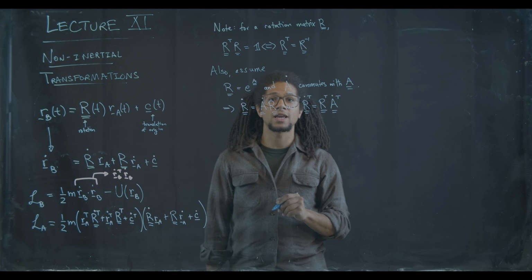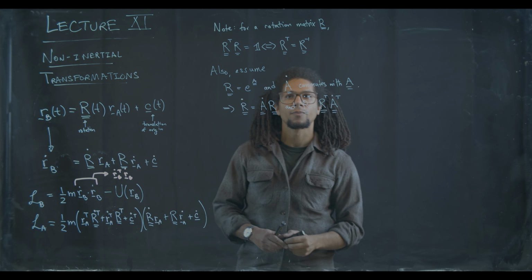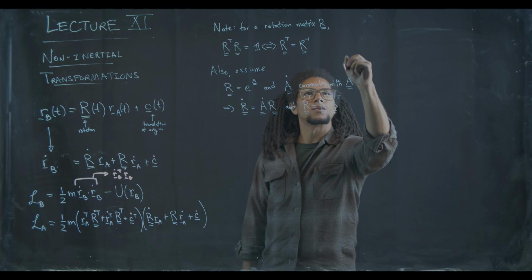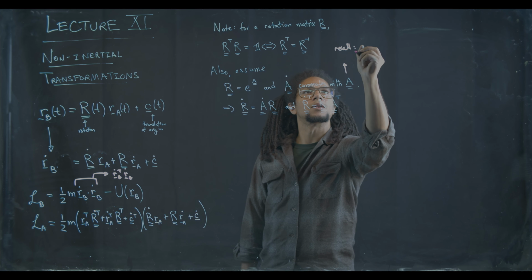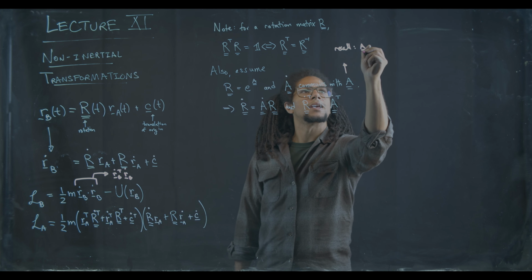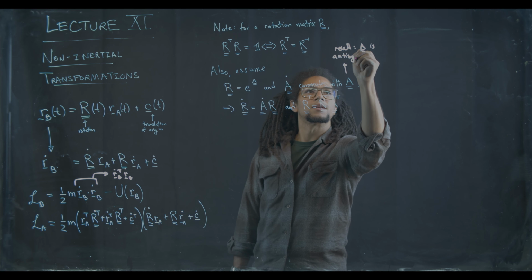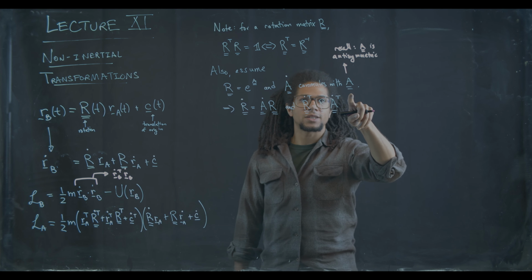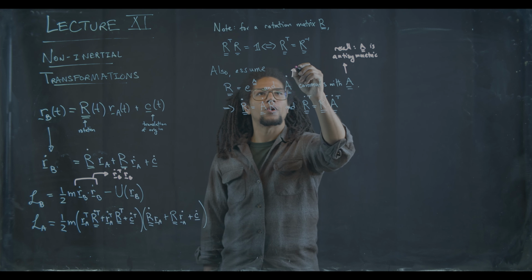But there was an important thing about A. Recall, A is antisymmetric. Now, if this matrix is antisymmetric for all time, then that means that this is also antisymmetric.